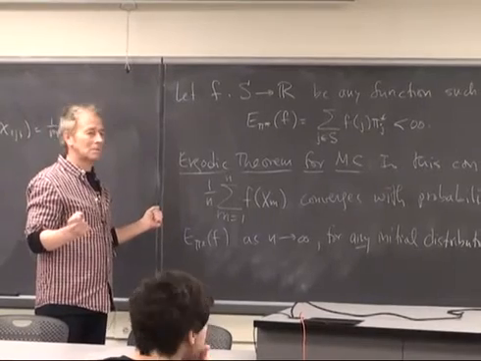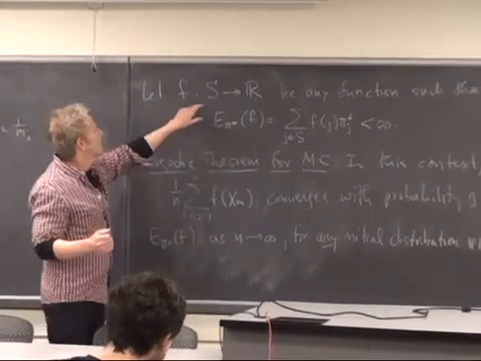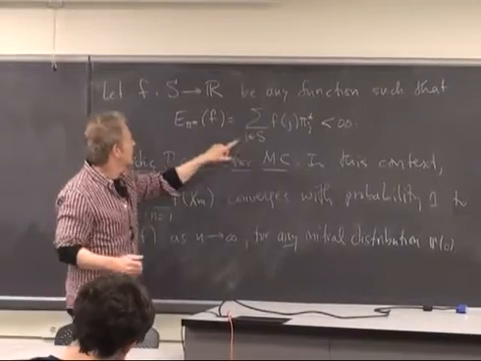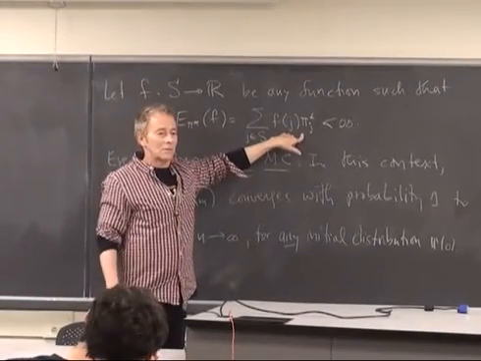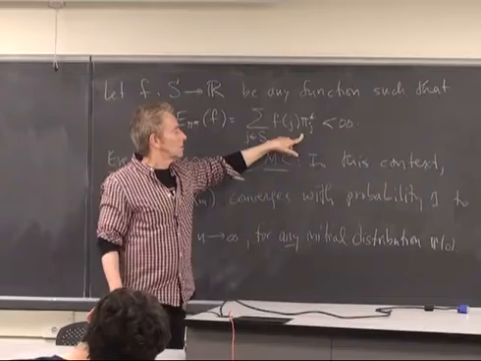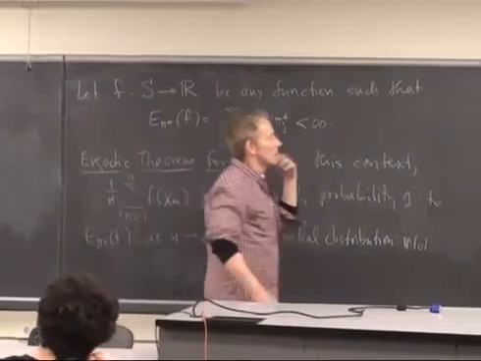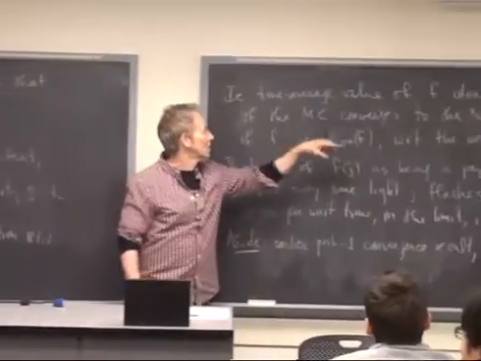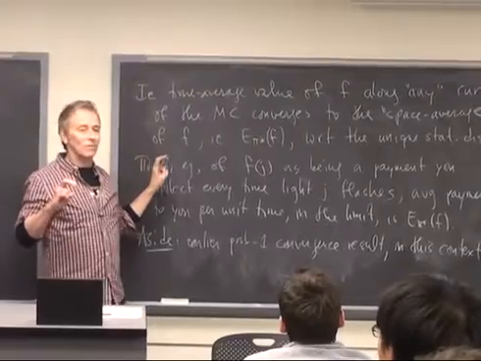This is an arbitrary f. It's any function with a finite expectation against that stationary distribution. And that expectation is what I called here the quote-unquote space average of f.